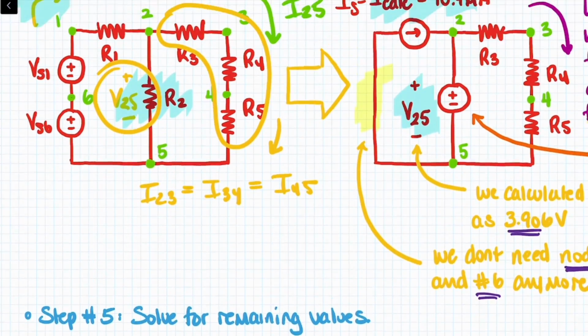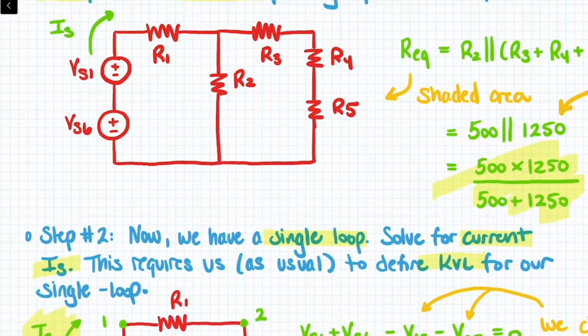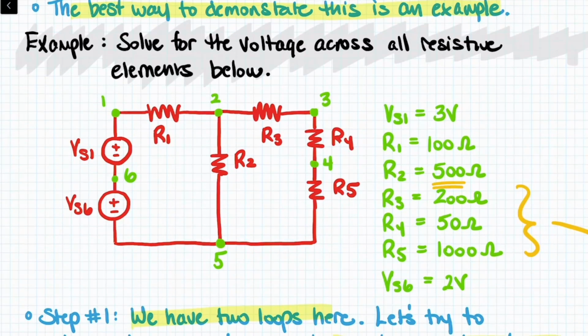Now, how did we do that? Just a quick recap. We started off with a relatively more complex circuit. We collapsed this piece into an equivalent resistance, REQ, placed where R2 is now.